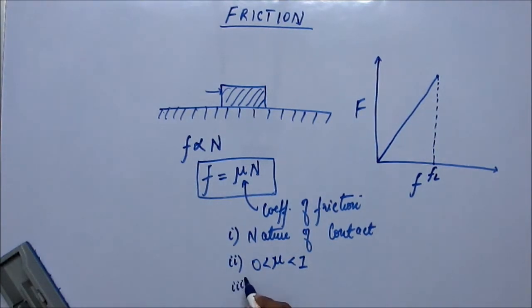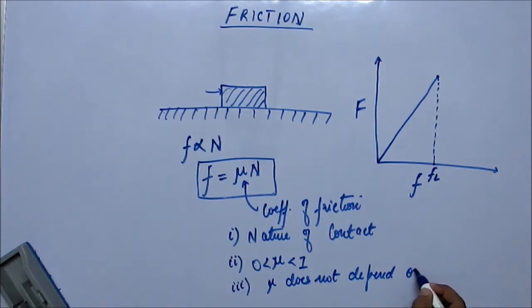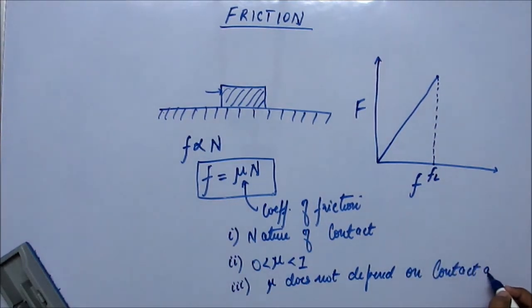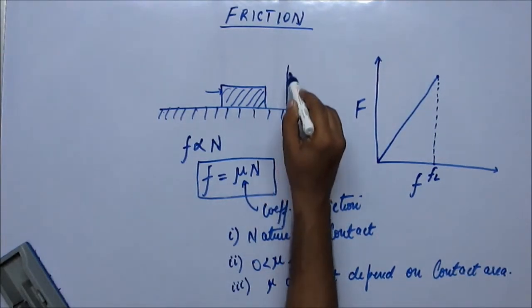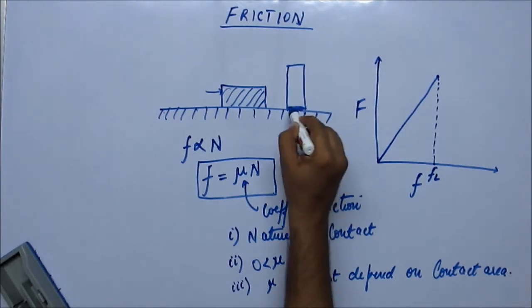And the most important thing is the friction force, or mu, does not depend on contact area. If another block of the same mass is kept like this, then the contact area is less.